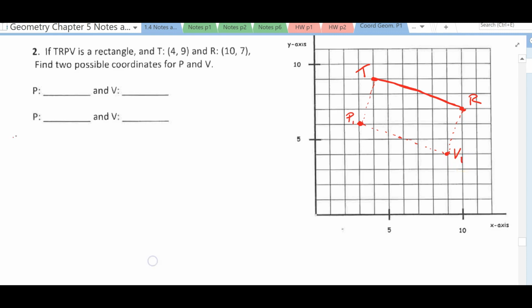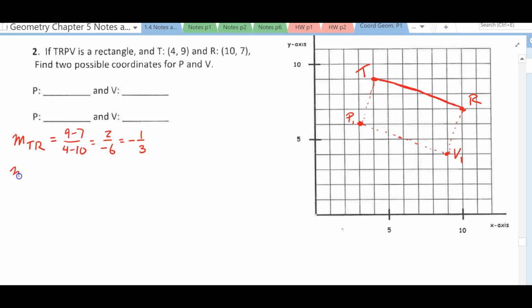Let's start with TR. So T and R: 9 minus 7 over 4 minus 10. That's 2 over negative 6, which is negative 1/3. It doesn't matter if the negative is in the numerator or the denominator or in front of the fraction, it still means the same thing.